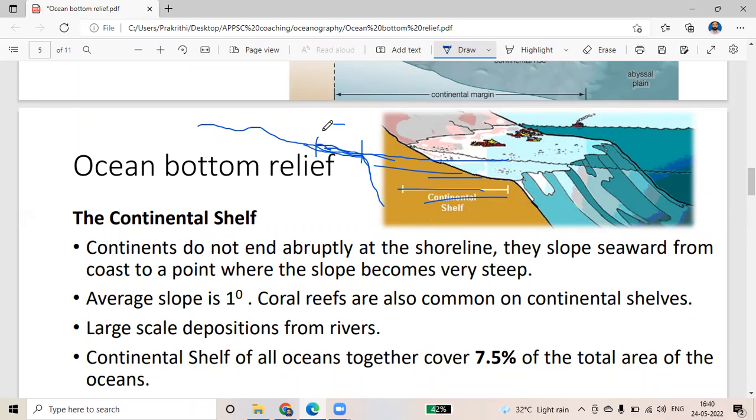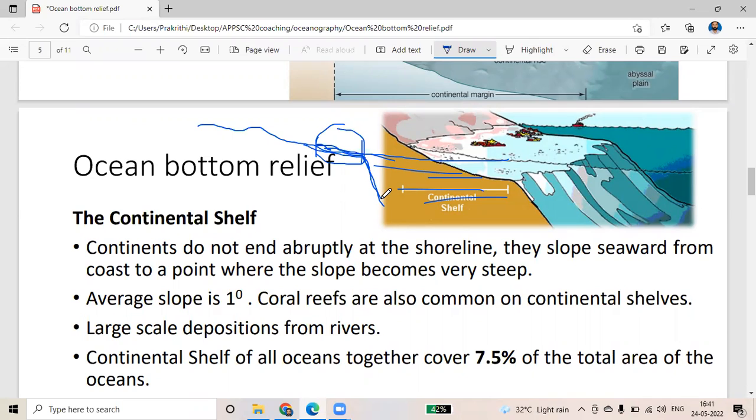This portion we can call the continental shelf region. The land has its own extension towards the sea. Before coming to a vertical slope, there is a slightly sloping area which is covered by oceanic water.